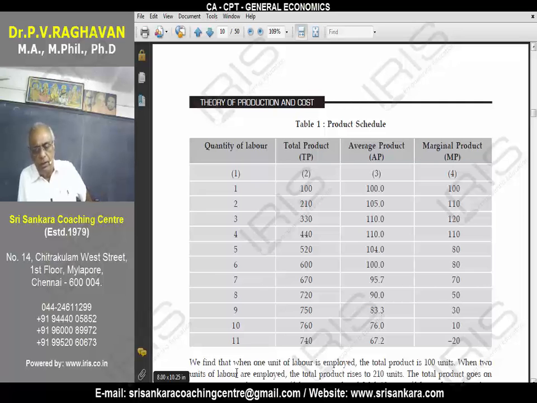See this? Table 1, page 114. So you have a table, right? Now, don't do anything. First we are going to explain. Then we will write the answer.